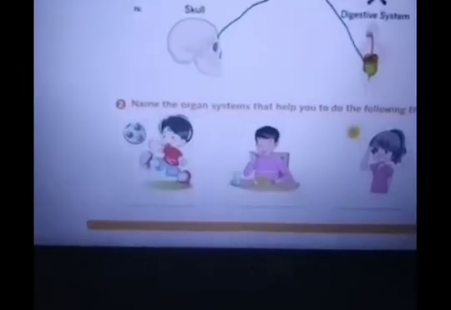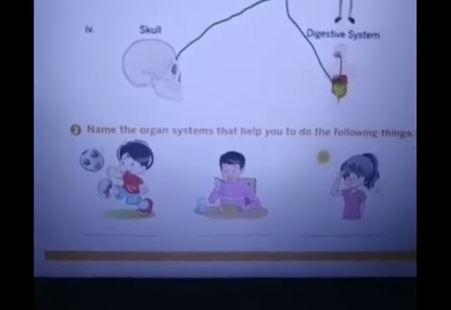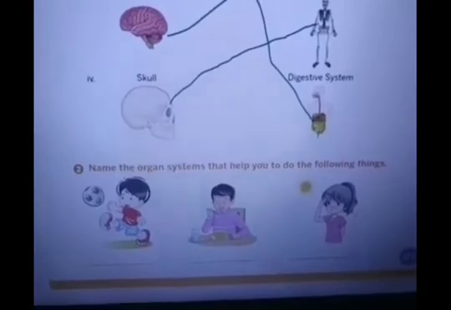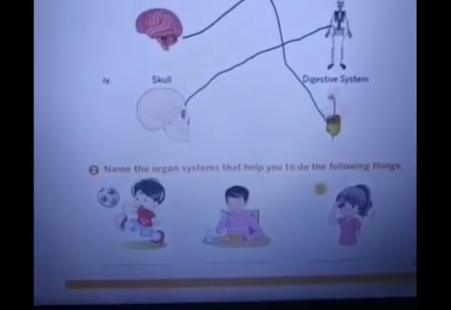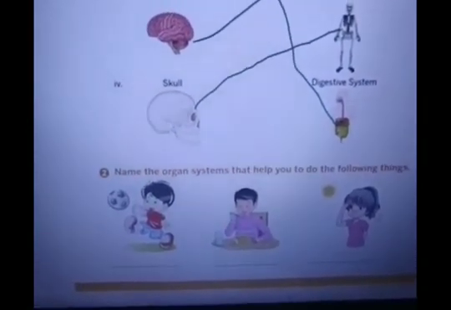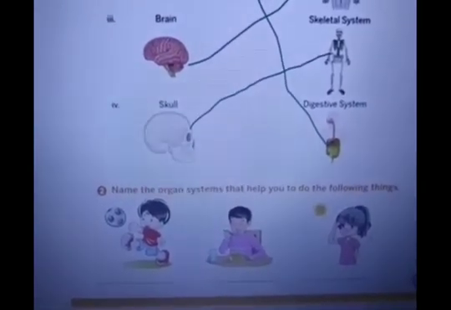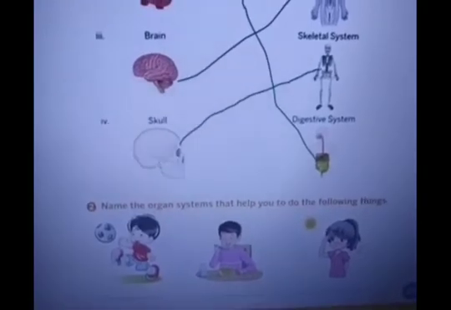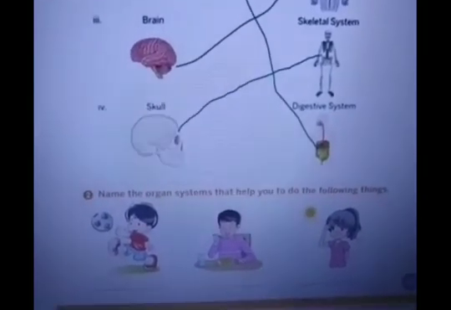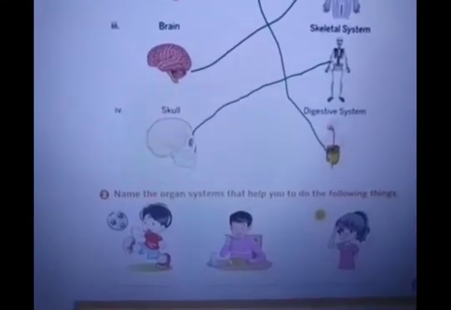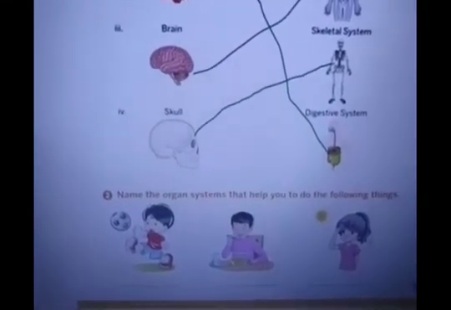Third picture. The girl is sweating and there is a sun in the sky. So which organ system is helping over here? You can say here 2 organ systems are working. First is the excretory system. As the girl is sweating, the skin is removing waste from the body in the form of sweat.